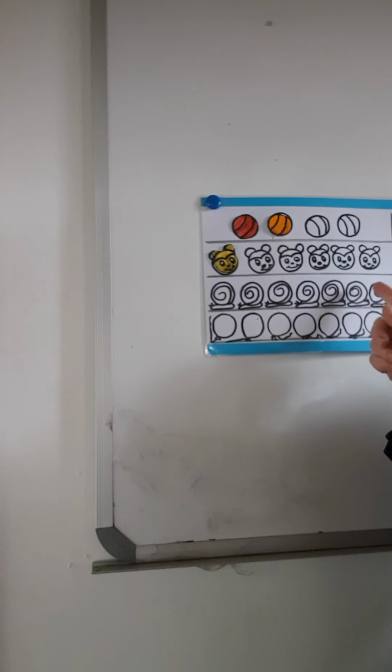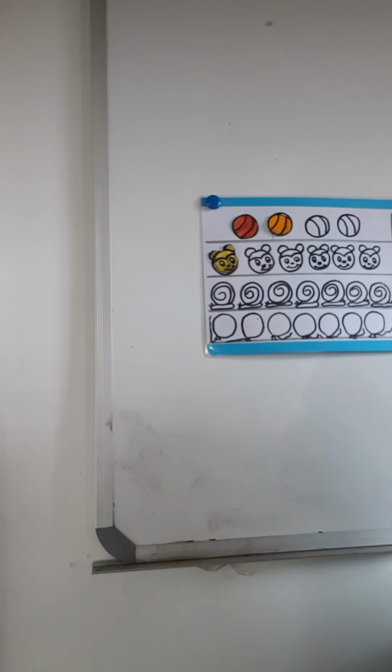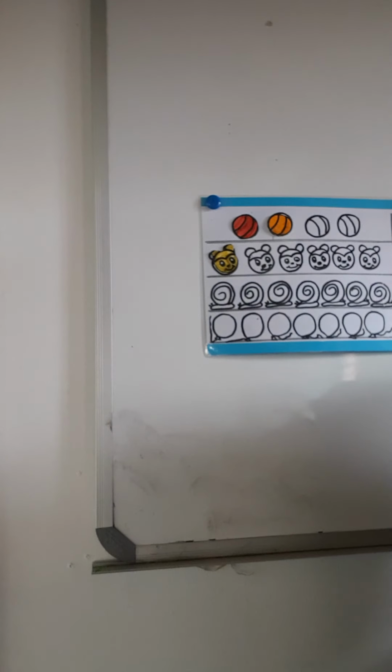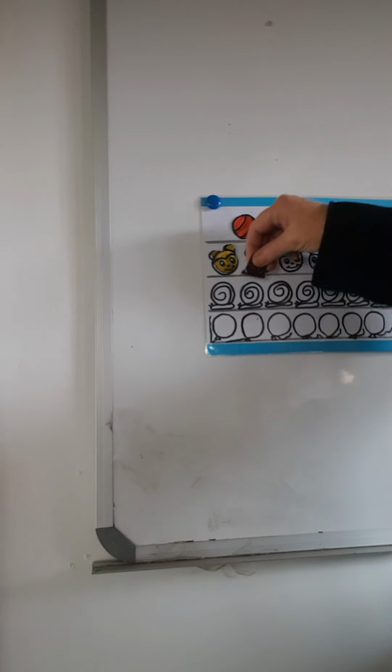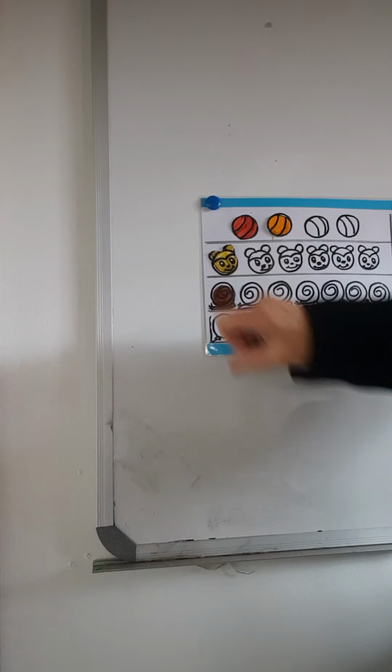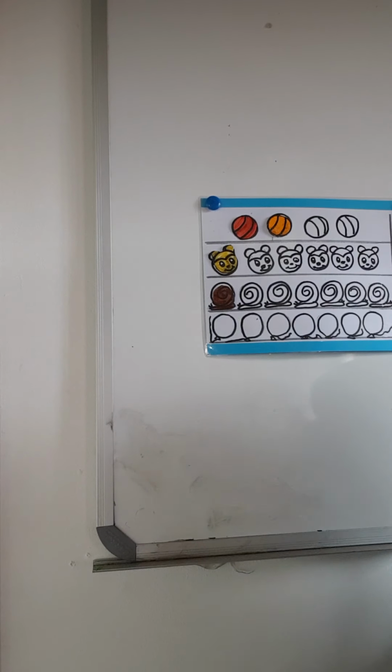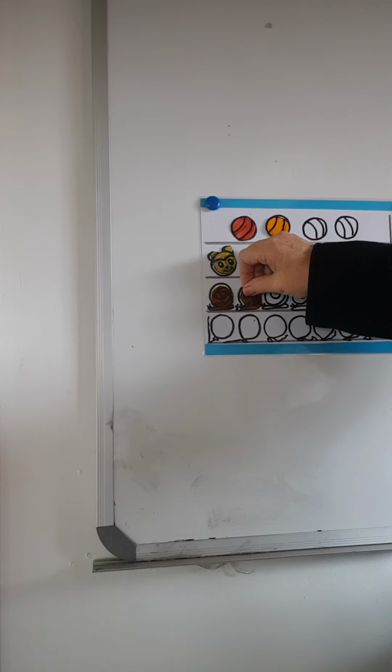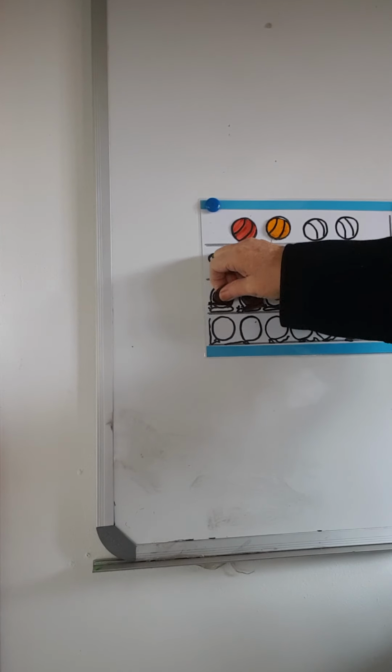Here I've got some snails. Right, so let's see how many snails we're going to color in. I'm going to color in the snail, and I've decided to color him in brown. And I'm going to color in the snail. Let's move this one up a little bit.